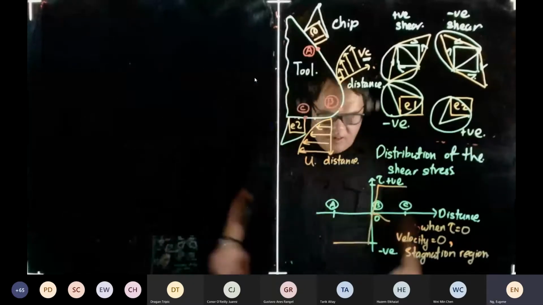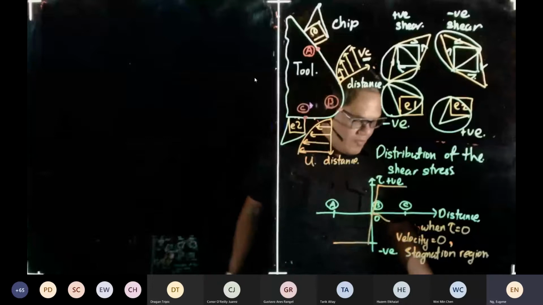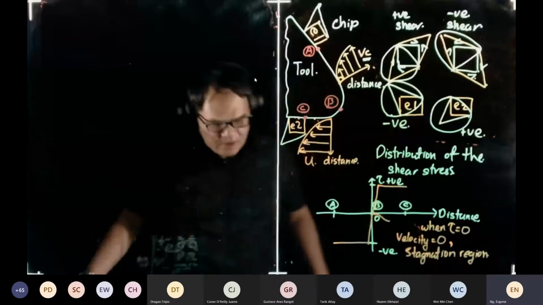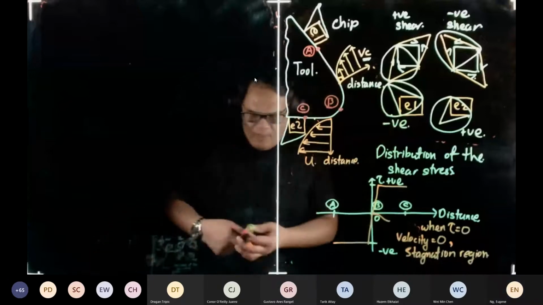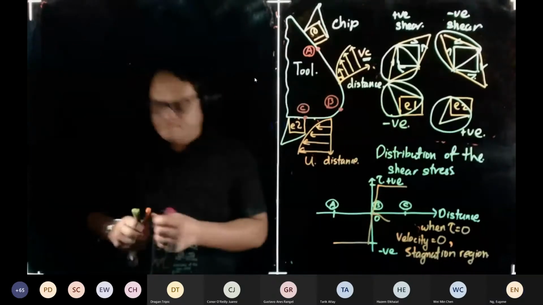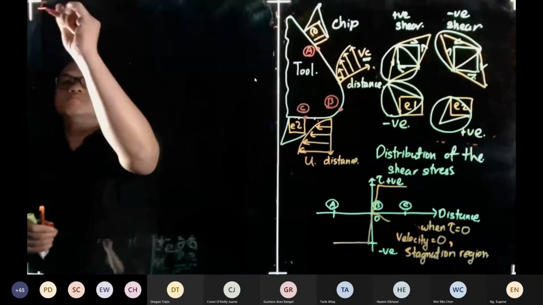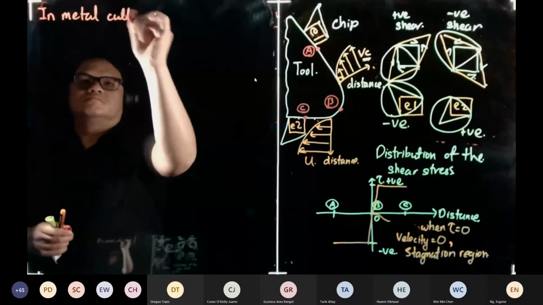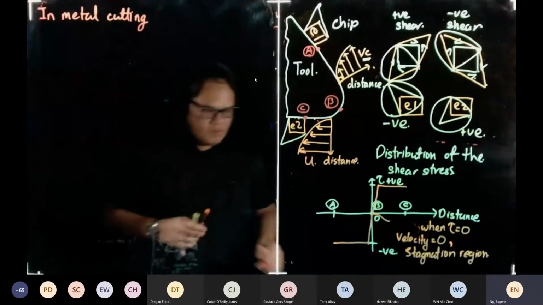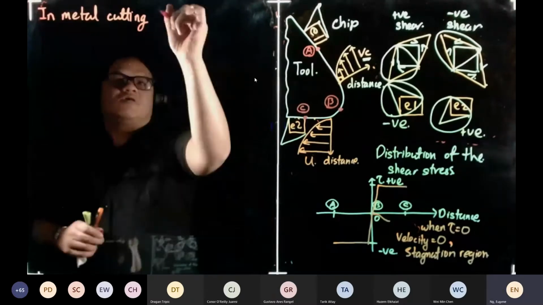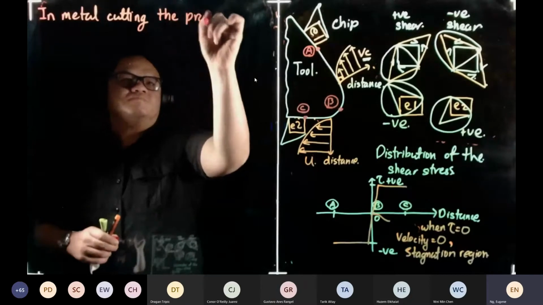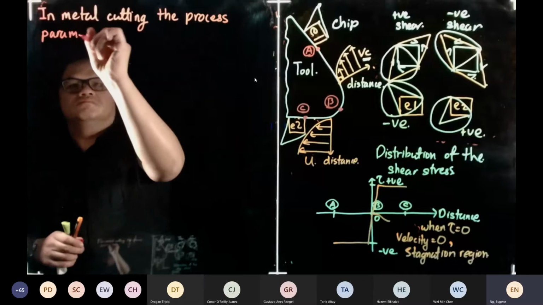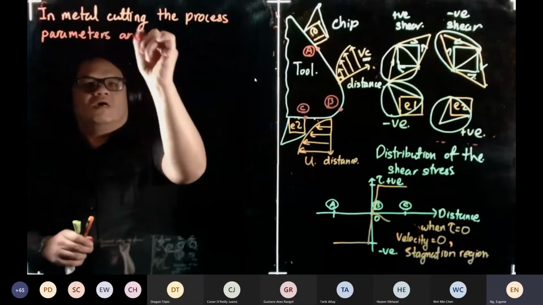So let's look at process parameter. So in metal cutting, the process parameters are as follows.